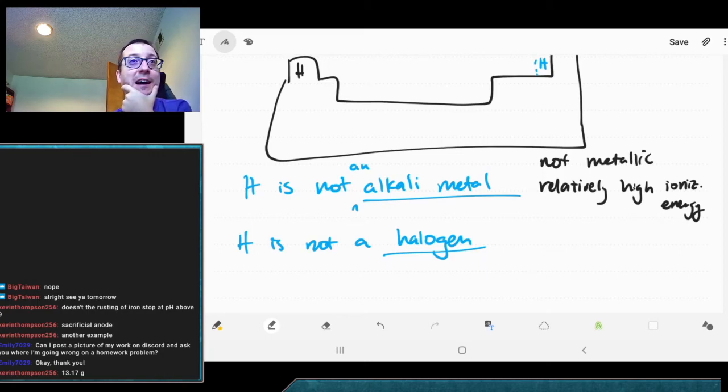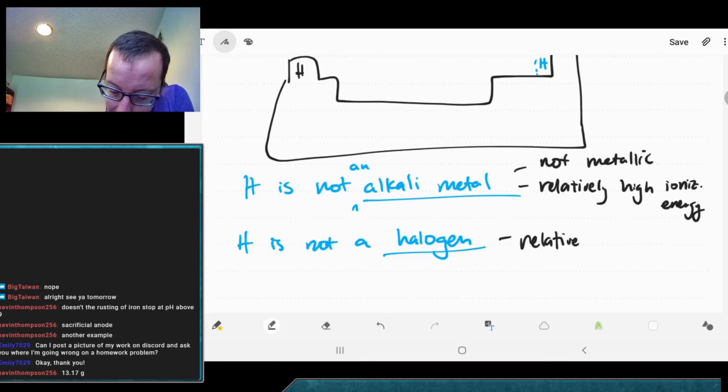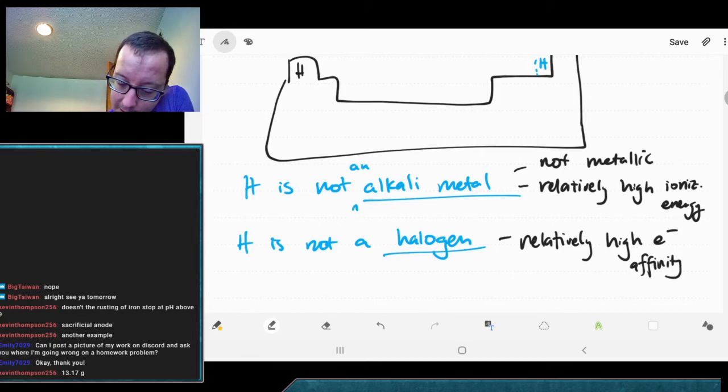We would expect ionization energy to be much lower if it were an alkali metal. We also know it's not a halogen because even though it is diatomic, we see that it has a relatively high electron affinity and a low electronegativity.